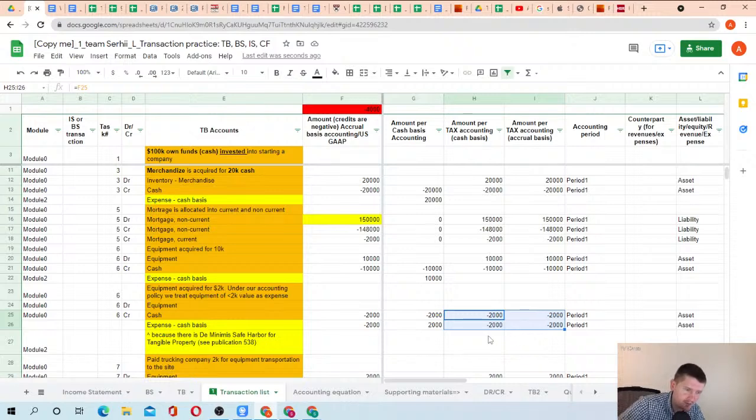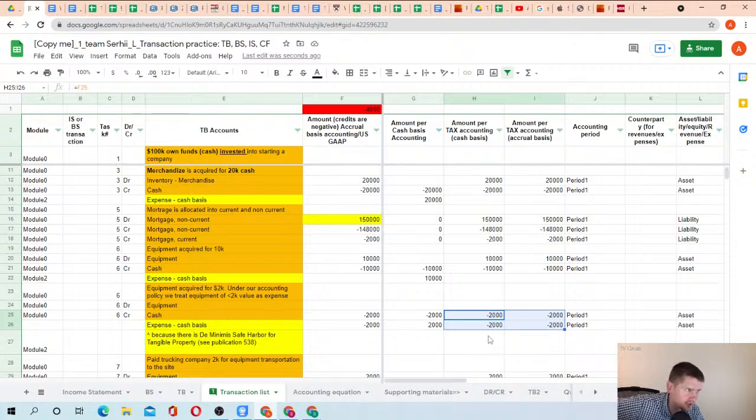For example, if you run a rental, if you are a landlord, and you buy all the appliances for your rental, like a kitchen oven, microwave, dishwasher, fridge, all of these appliances can be expensed in the first year under that de minimis capitalization threshold, de minimis safe harbor for tangible property.